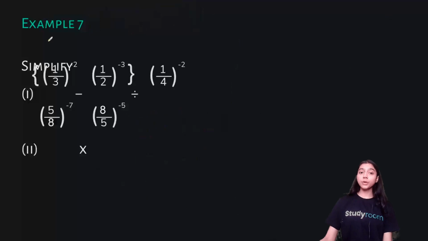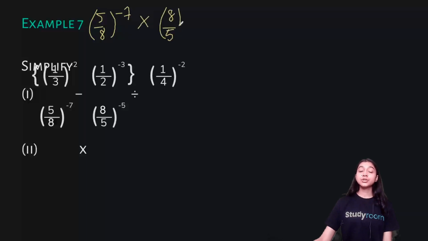The next problem given to us is 5 by 8 to the power of minus 7 multiplied with 8 by 5 to the power of minus 5. So here what we will do is, we will take the reciprocal of this base in order to eliminate this minus sign.